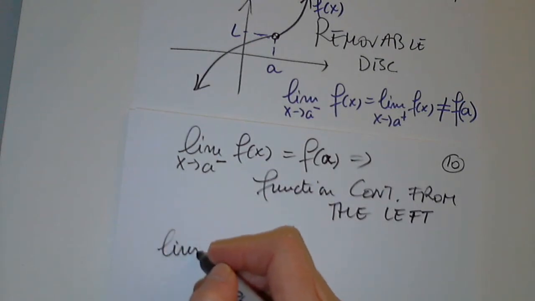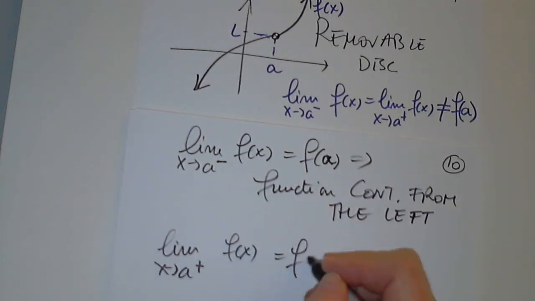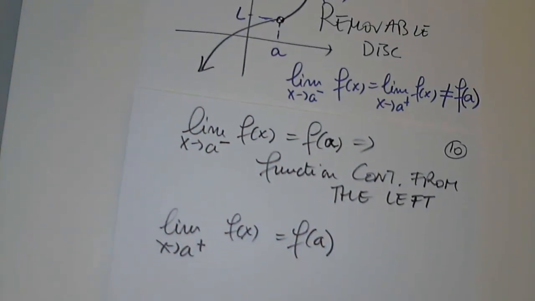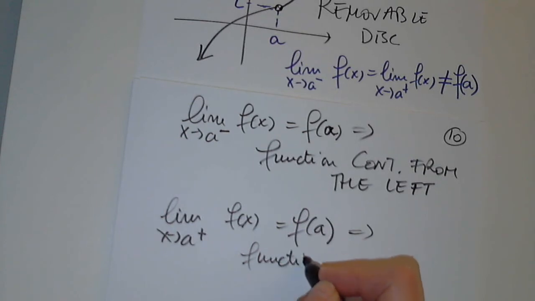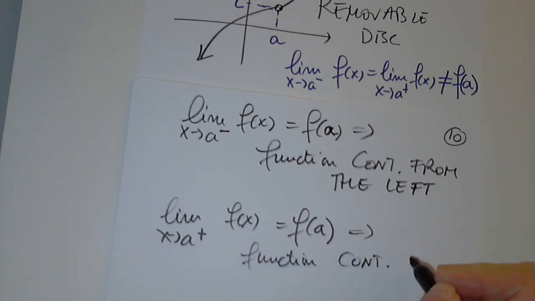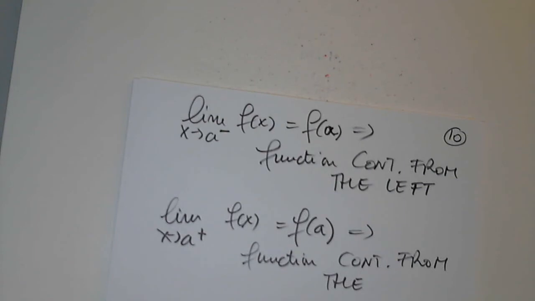Limit as x approaches a from the right of f of x equals f of a. This means what? The function is continuous from the right.